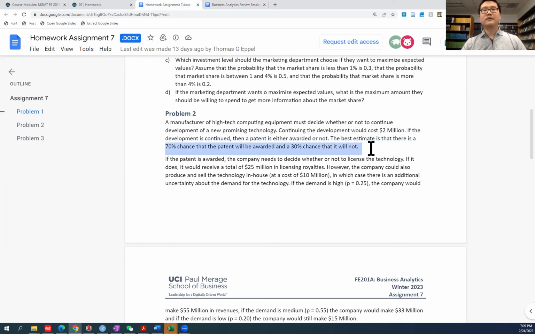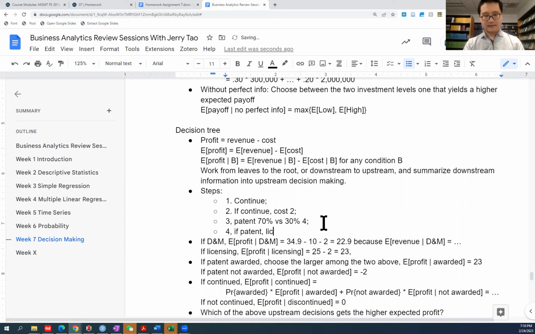So that means after this step of patent, fourth, if patent, then we have 2 decisions: licensing or development and marketing.